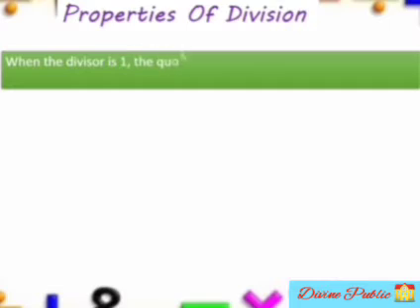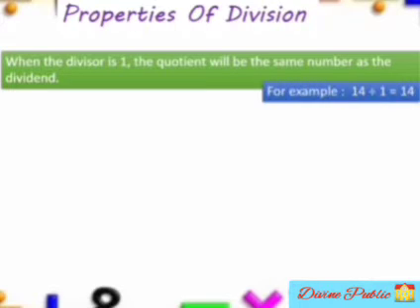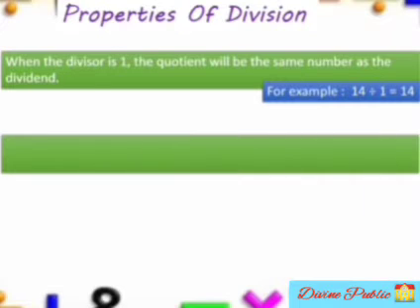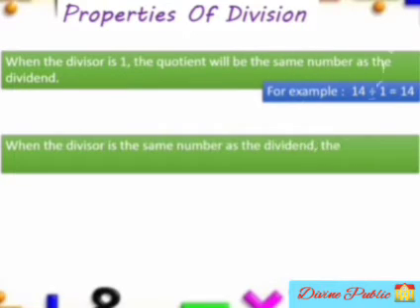When the divisor is 1, the quotient will be the same number as the dividend. Let us see the example. 14 divided by 1 equal to 14. Now another property. When the divisor is the same number as the dividend, the quotient will be 1.